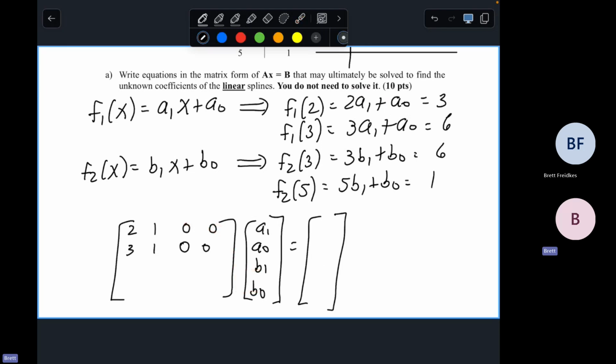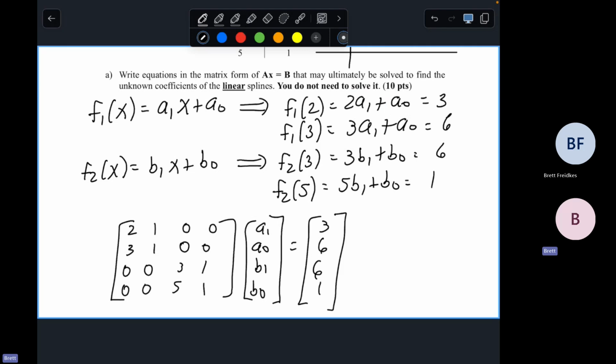What is the next equation? 0, 0, 3, 1. We switch, because this equation is not based on A1 and A0. It's based on B1 and B0. The last one would be 0, 0, 5, 1. And now the right side would be 3, 6, 6, 1. And that's your answer.